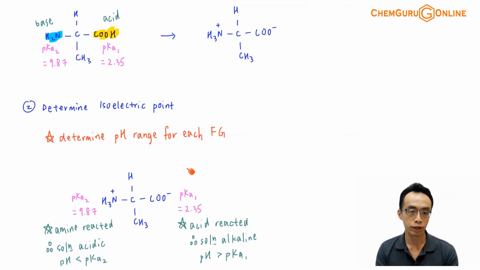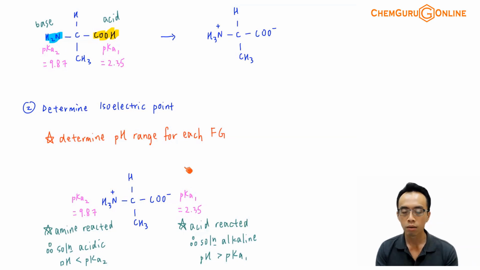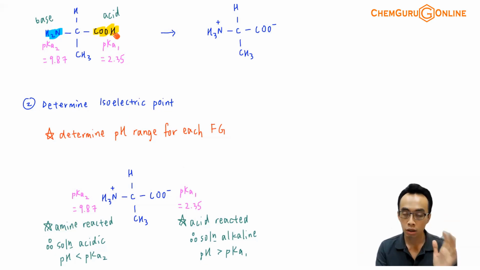For this amino acid, it seems a bit unnecessary to do that, but later we want to apply the same idea to amino acids where I have three functional groups with three pKa values. So we want a concept that I can consistently use for all my amino acids, regardless of whether I have only two functional groups with a pKa value or three. So let me run through this idea.